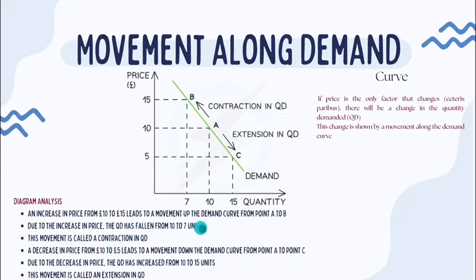A decrease in the price from $10 to $5 leads to a movement down the demand curve from point A to point C. More people are willing and able to buy this product, so the quantity increases from 10 to 15 units. And this movement is called extension in the quantity demanded.